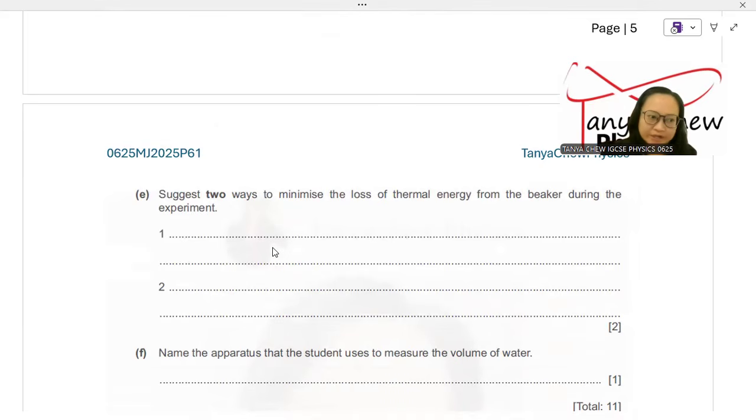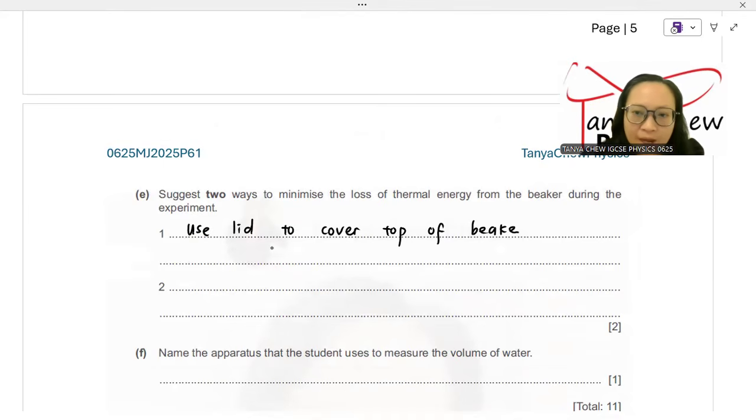Look, the beaker has no lid, so use a lid to cover the top of the beaker. And then maybe you want to add an insulation layer, okay?